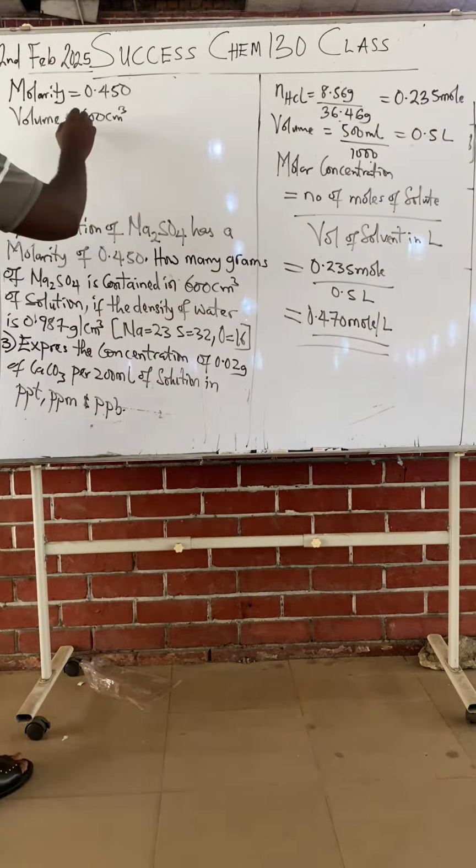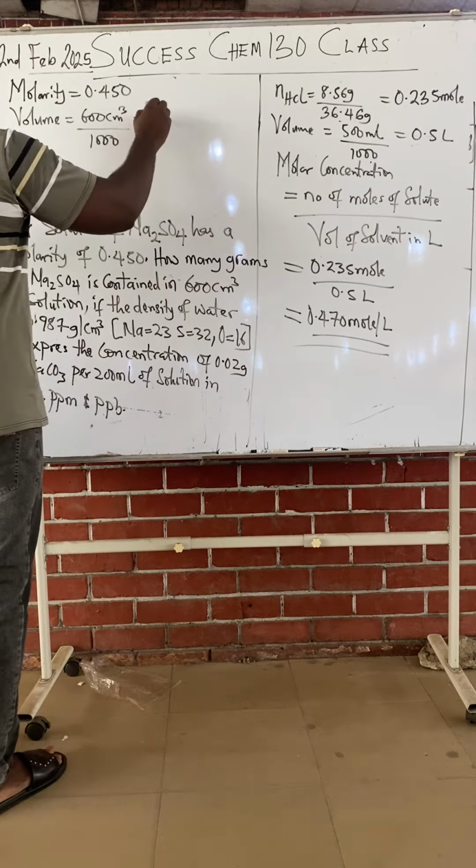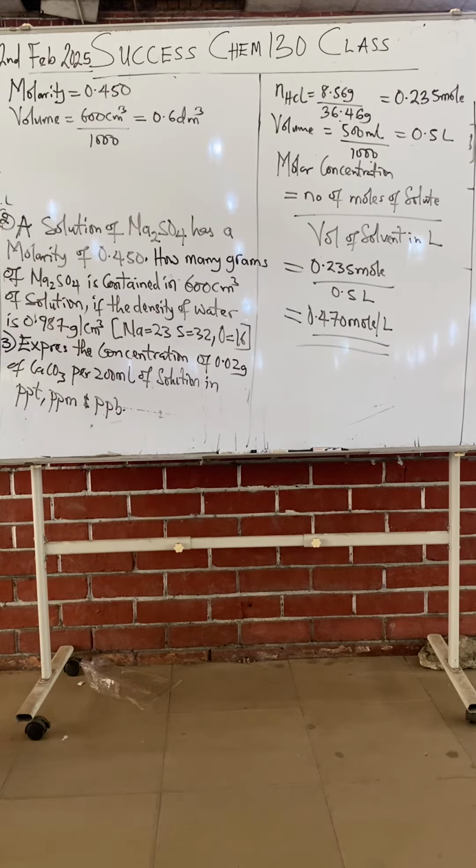We convert from cm cube to dm cube by dividing by 1,000. So 600 cm cube divided by 1,000 gives 0.6 dm cube. Class, never use your volume in cm cube, convert to dm cube, especially when solving for concentration.